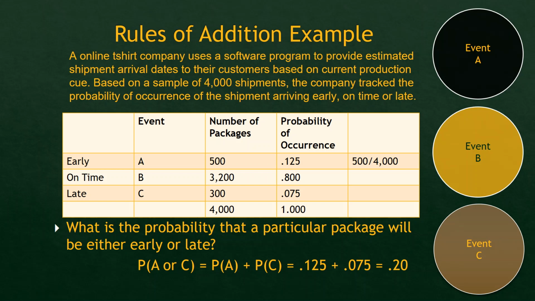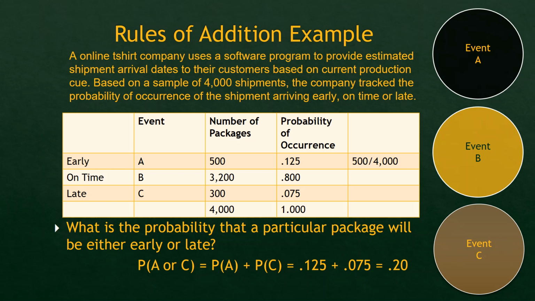Okay, so the probability of occurrence right here is 500 divided by 4,000 gives you 0.125, or 12.5%. 3,200 divided by 4,000 gives you 0.80, and 300 divided by 4,000 is 0.075.